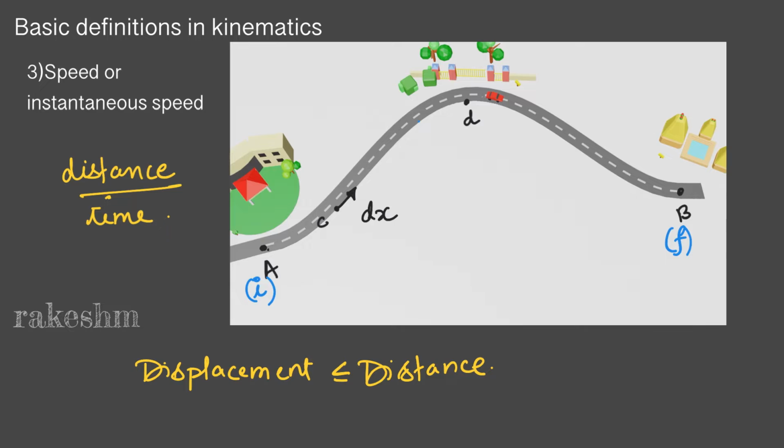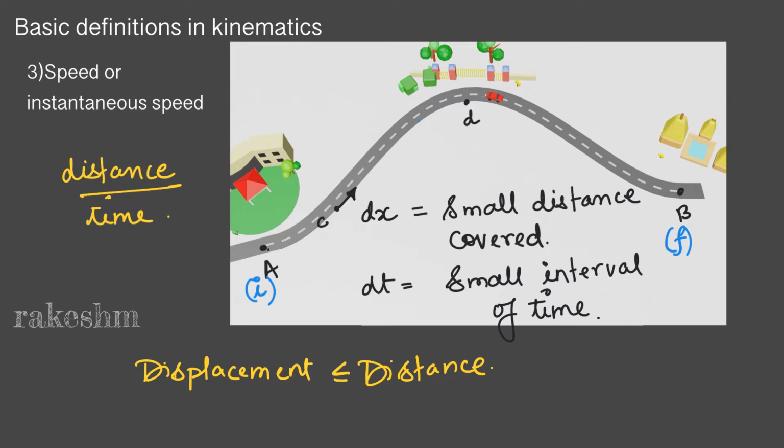This dx is called small distance covered. And for covering the small distance, the time taken is dt, which is also a very small interval of time. Now we define instantaneous speed or speed as dx by dt. So this is speed, or instantaneous speed we define as dx by dt.